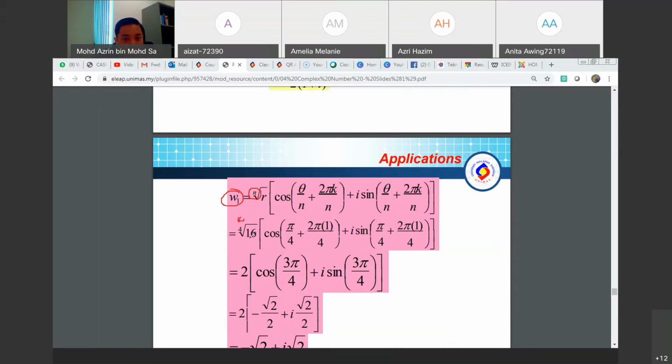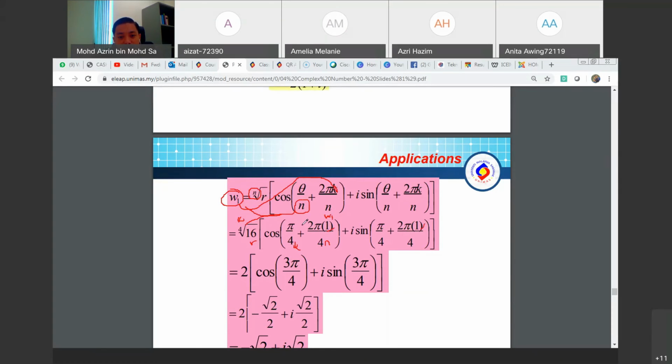So tukar 4, R 16. And then N berapa? Nilai N 4. Yang K adalah nilai W1. So sebab dia W1, K adalah 1.